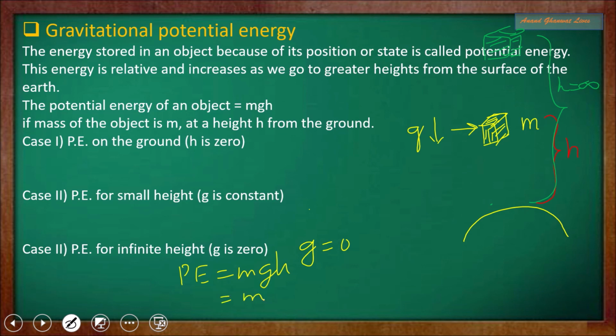So formula for PE is mgh, mass is constant but value of g is 0 here, and h is the height. But certainly when value of g is 0, potential energy is 0. Therefore when object is at infinite height, potential energy is 0. So remember that either the object is on the ground, or the object is at infinite height from the earth's surface, potential energy is 0.